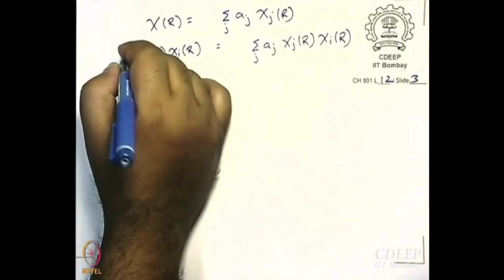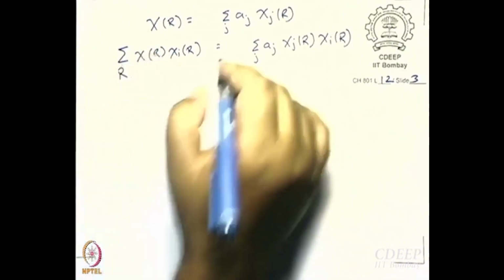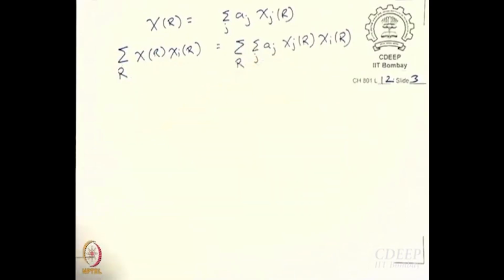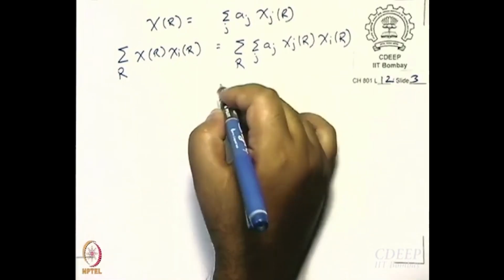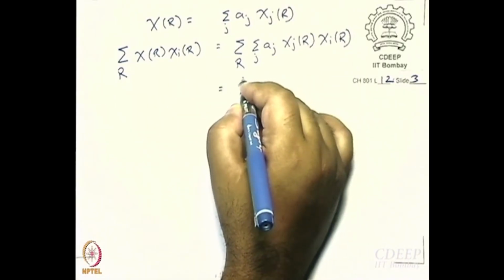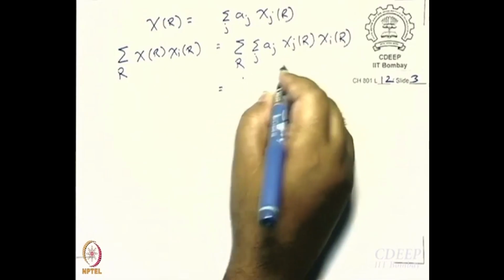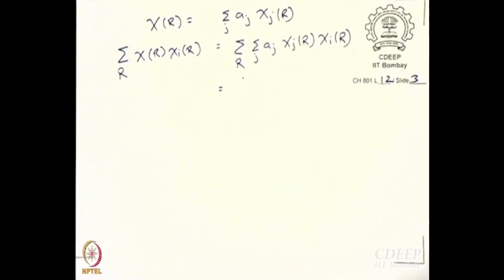So what I can do is, on left hand side let us say sum over R, on right hand side also we will put sum over R. Alright. So I can perhaps write it like this. So what will the right hand side simplify into? Sum over R, sum over j. So what should I do next?